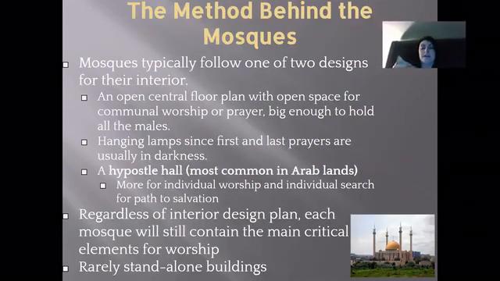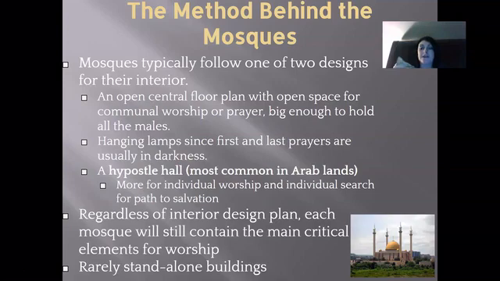Okay, so mosques will generally follow one of two designs for their interior. So when you're looking at the interior of a mosque, one form that you would see is a very open central floor plan. And this is going to be more common in areas that are closer to the Hagia Sophia, because they're going to model their mosques off of the largest architectural structure that they saw, which would have been the Hagia Sophia.